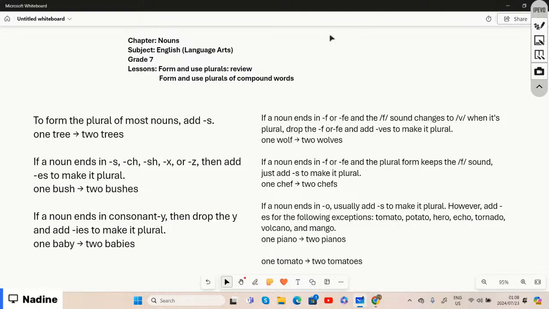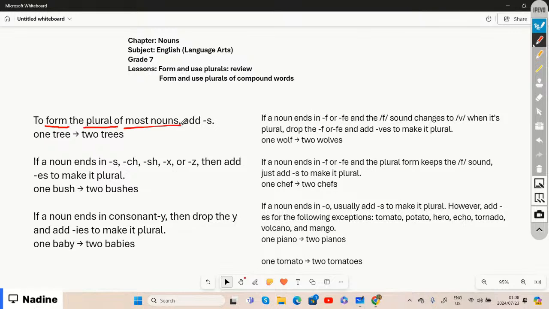All right. So when it comes to nouns, in order for us to form the plural of most nouns, and remember, plurals refer to two or more people, two or more places, two or more things, two or more animals, we just add an s. Let's say, for example, we have one fruit, one orange.